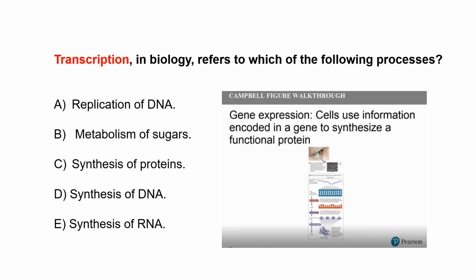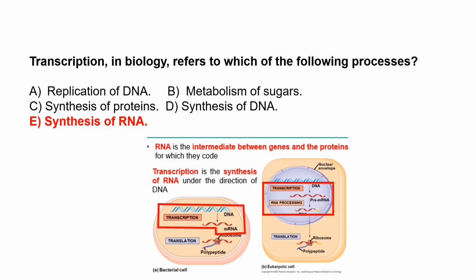Okay, now transcription in biology refers to which of the following processes? So the answer here will be E, the synthesis of RNA. As we watched in the previous slides, when you copy the DNA into RNA, it's called transcription, and when you take this RNA and translate it into proteins, it's called translation.